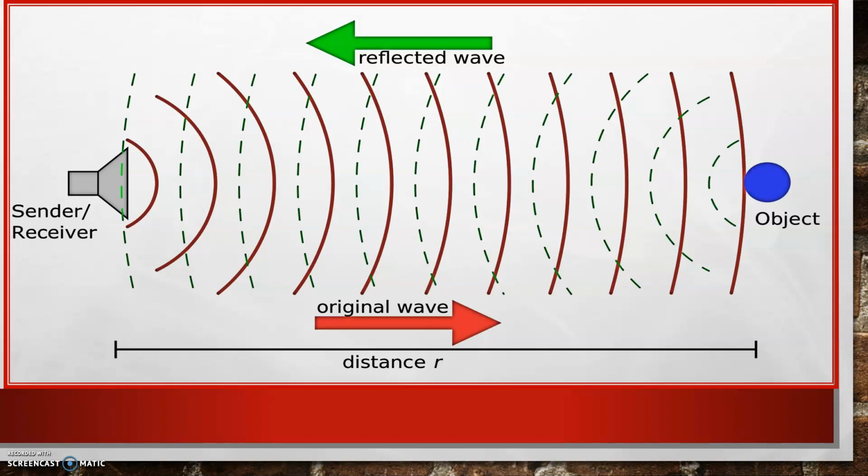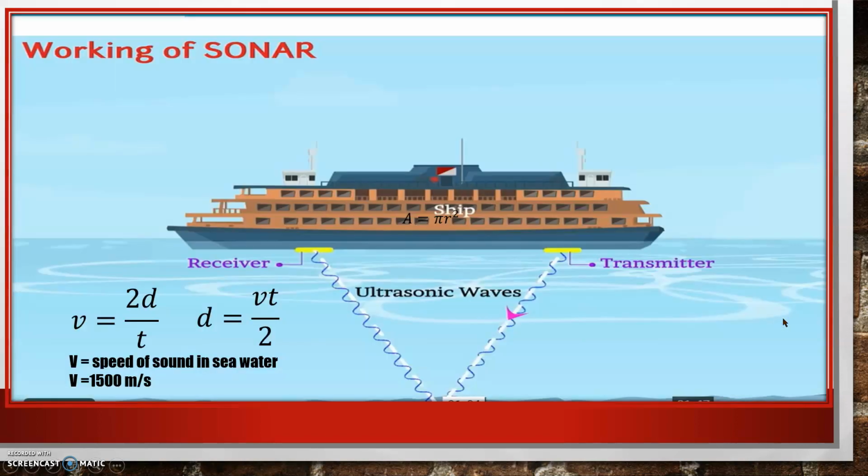Once the reflected wave reaches the receiver, it analyzes it, and using the Doppler effect, the receiver finds out whether the object is moving or not, what the nature of the object is, and where it is located. Now, one important application of sonar is that it is used to find out the depth of the seas.